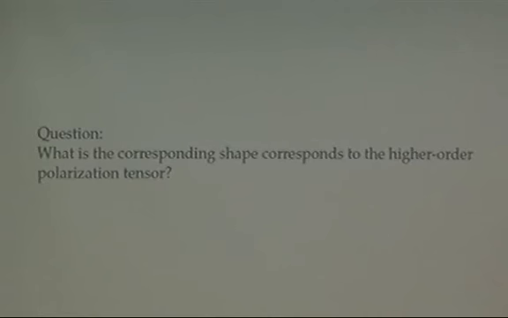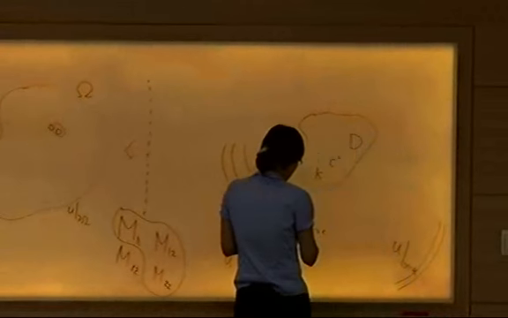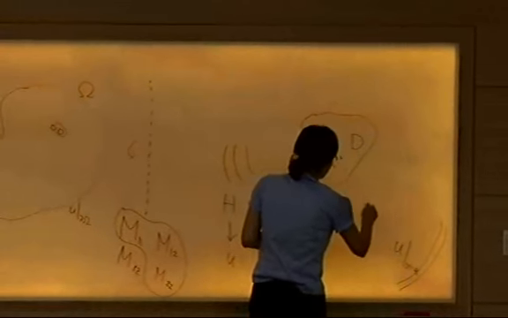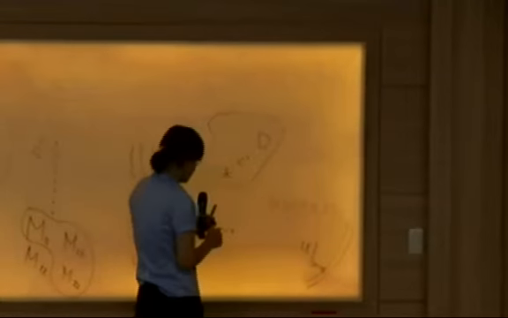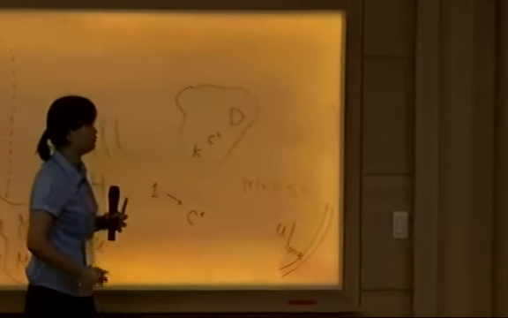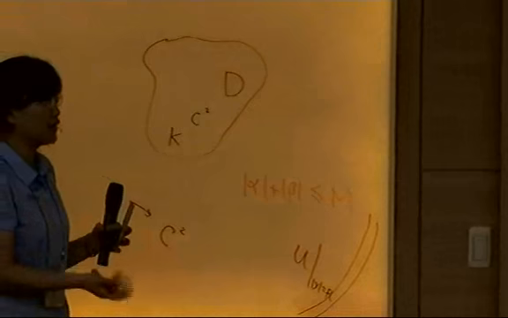Not just M alpha beta for alpha plus beta equal to 2 or 3, but how about when we have alpha plus beta up to capital N? For more information, how can we get finer detail?